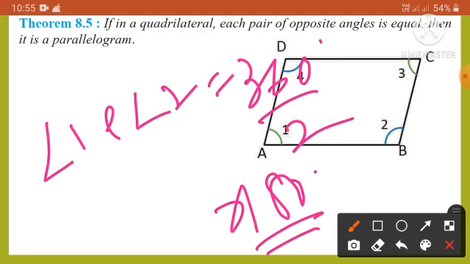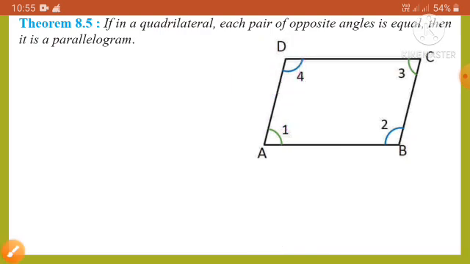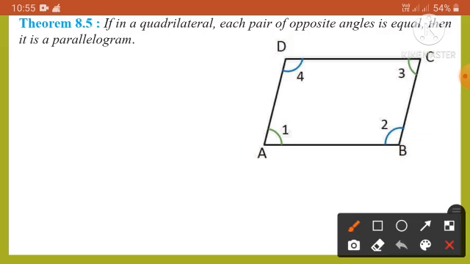For lines AD and BC with AB the transversal, angle 1 and angle 2 are interior angles on the same side of the transversal, and angle 1 plus angle 2 equal to 180 degree. Since interior angles on the same side of the transversal are supplementary, hence AD parallel to BC.